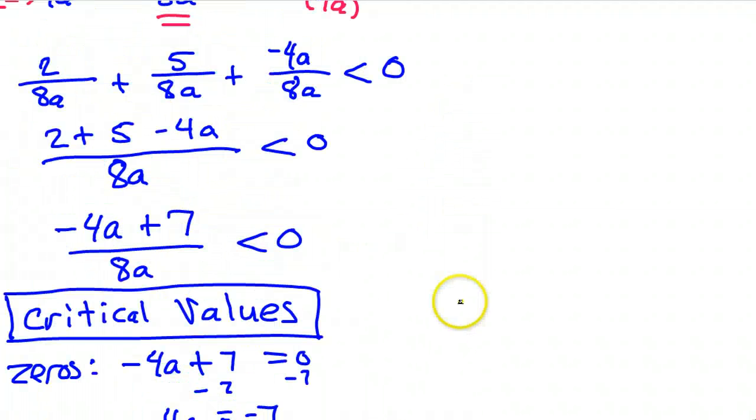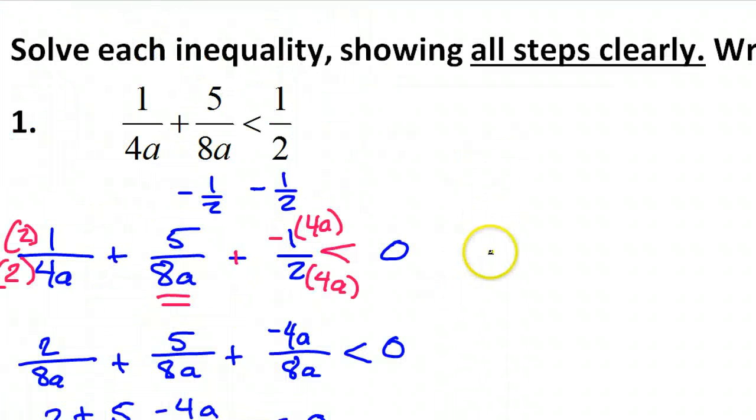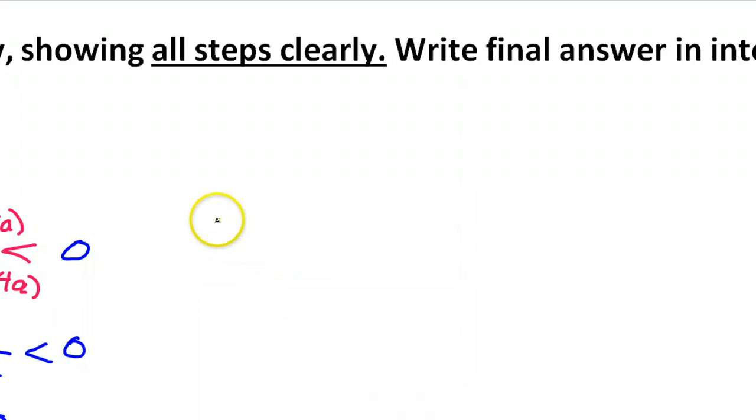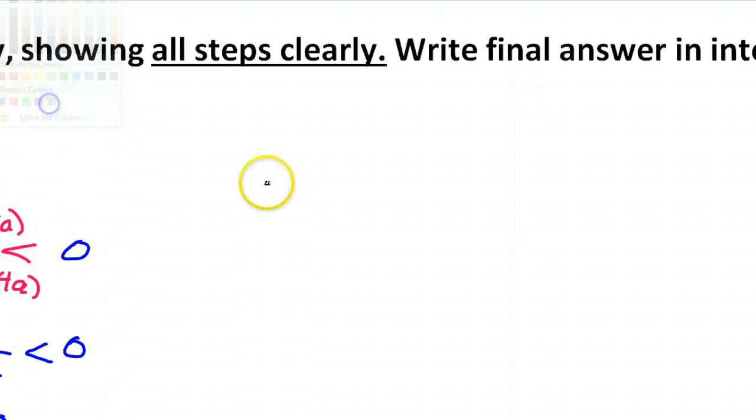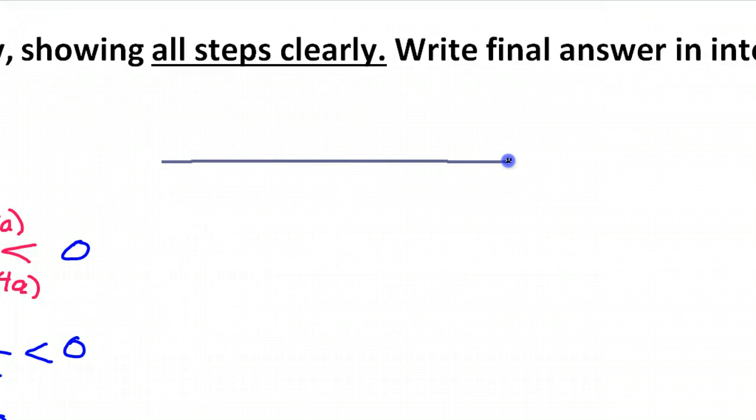So let's build our number line now. I'll come back up here again. Alright, so here we go. So the number line is going to be like this. Should I change colors for this number line? I think I will. Alright, so here comes my number line. Got lots of space, so I'm going to use it.